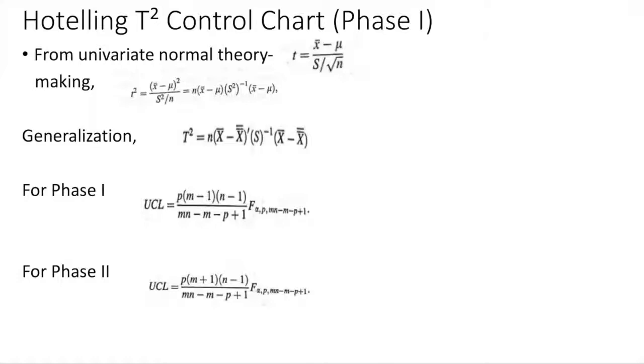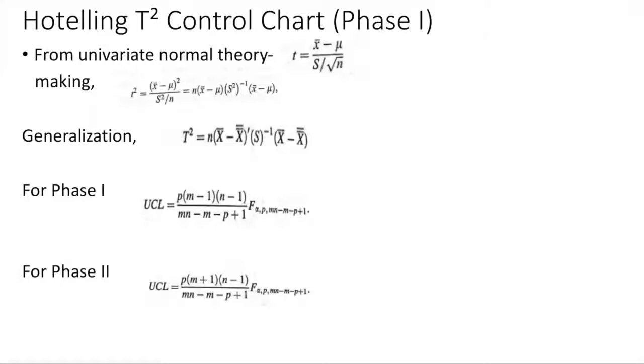For phase 1 and phase 2, while calculating UCL values, there is just a little bit of difference. In phase 1, while calculating the value, we subtract 1 from the m, where m is the number of samples taken from any data set, n is the sample size, and p, as we know, is the number of variables.